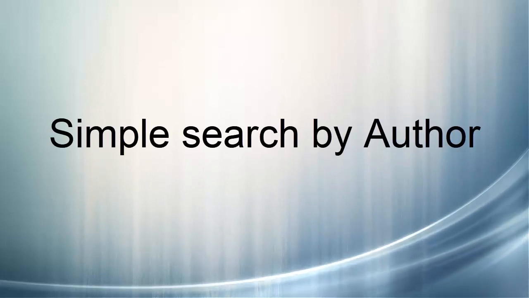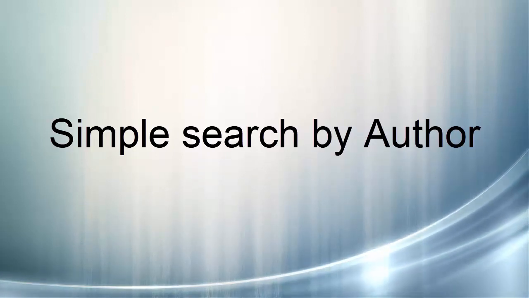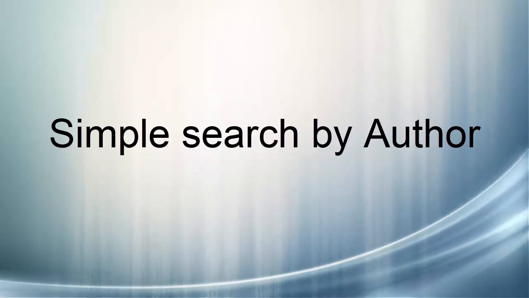Ibidem is capable of delivering results of highly complex searches, but for this demonstration, we'll do a simple search based on author. One of the objectives of this portion of the tutorial is to highlight the effect of using the subsequent cite field.